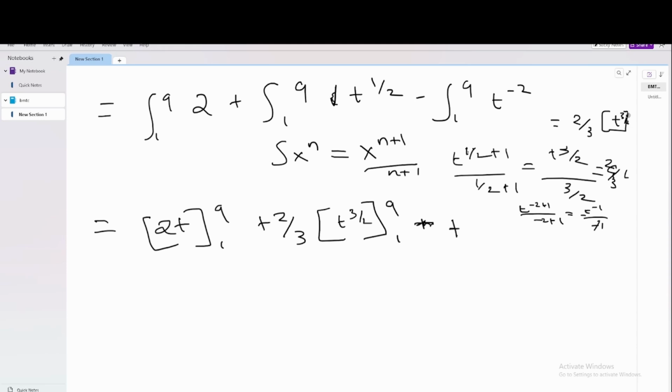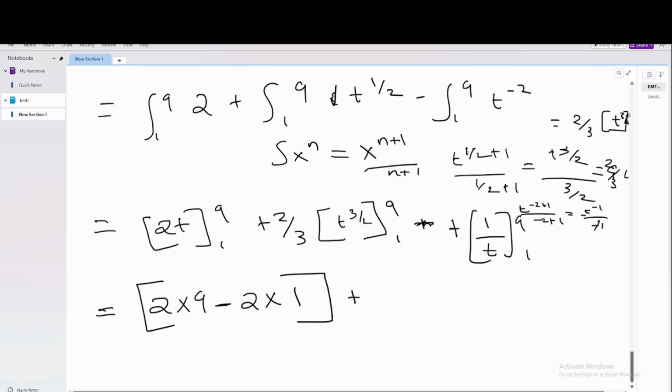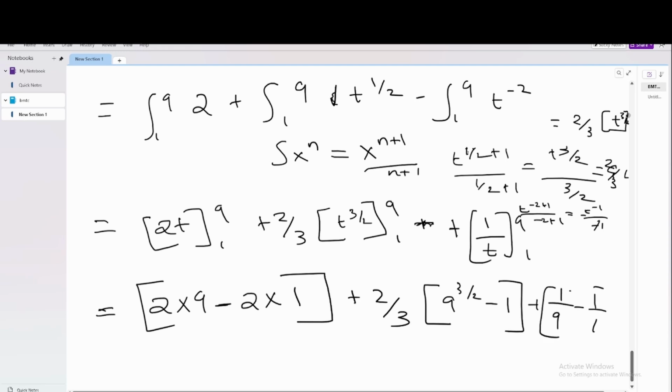So here it will be plus t raised to minus 1, which is 1 by t, from 1 to 9. Now we can put the values. So 2 into 9 minus 2 into 1 plus 2 by 3, 9 raised to 3 by 2 minus 1 raised to 3 by 2, which is 1, plus 1 by 9 minus 1 by 1.